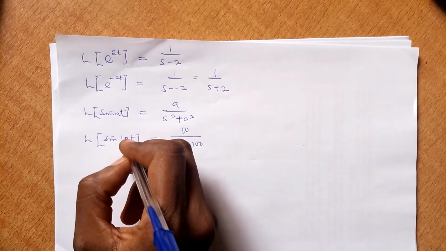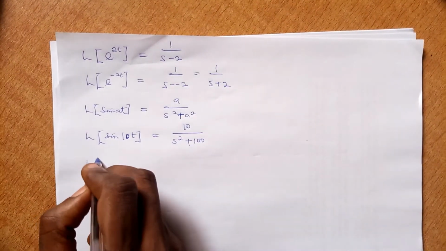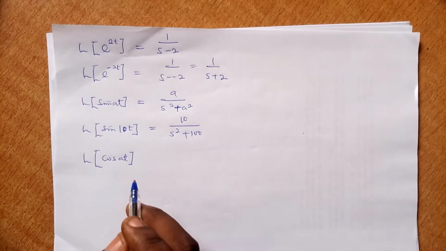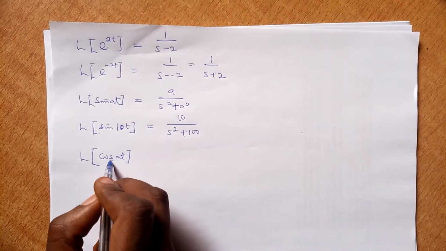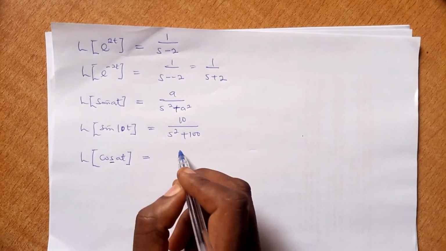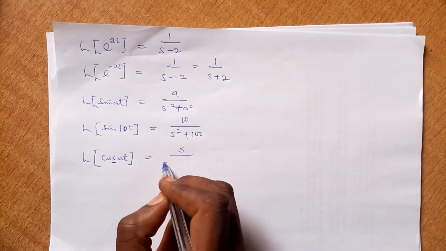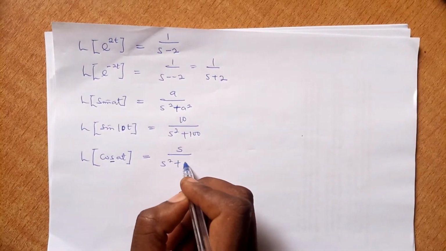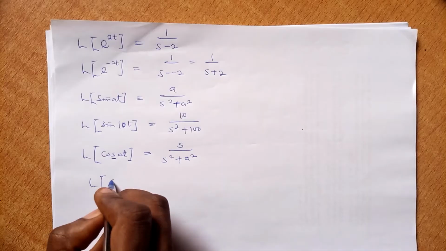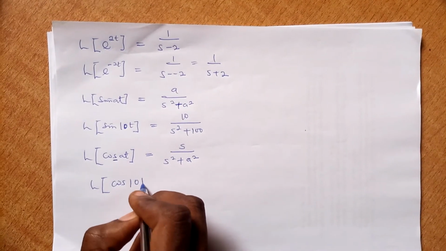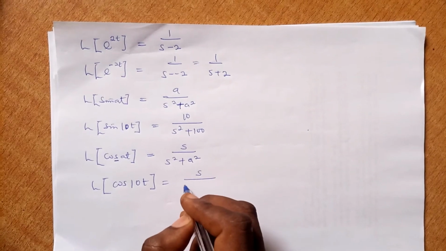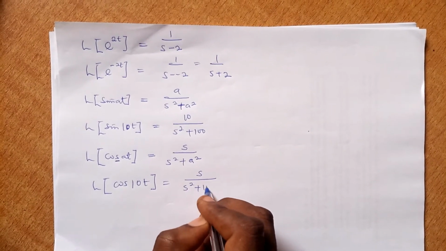That is 10 squared. So what about Laplace transform of cos at? If you remember my explanation, I said this is very simple. This s will be the numerator. So that will be s over s squared plus a squared. So the Laplace transform of cos 10t is equal to s over s squared plus 100.